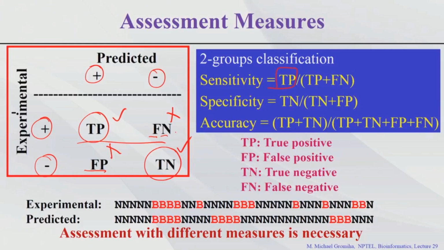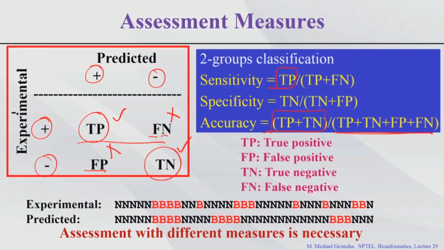Specificity is true negatives divided by true negatives plus false positives. Accuracy is the number of correct predictions divided by the total number of samples. For example, if you have 100 samples and 70 are correctly predicted, accuracy will be 70%.